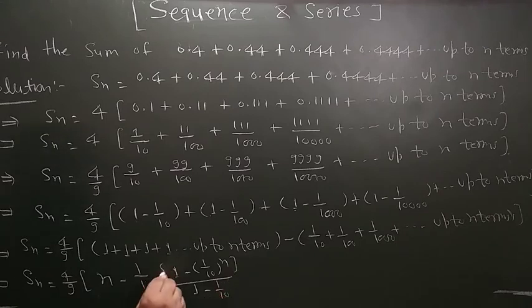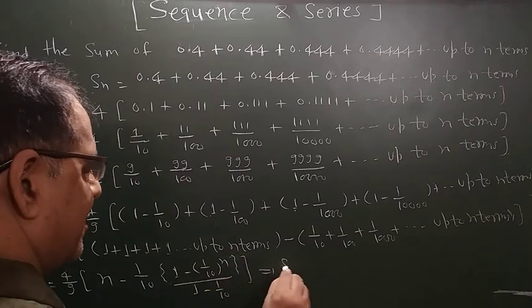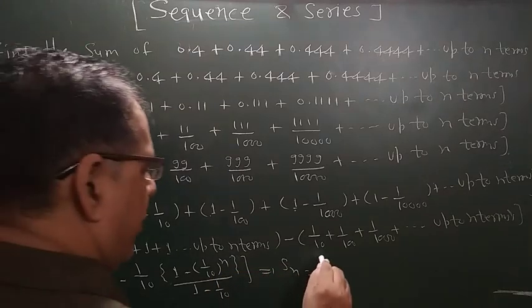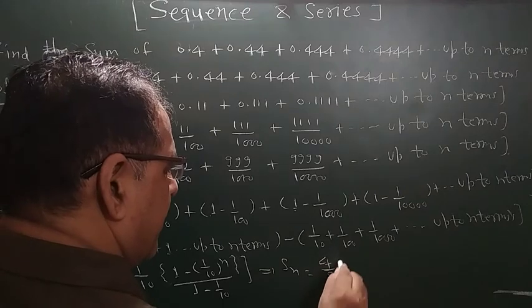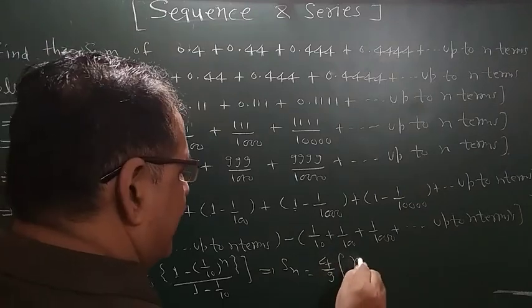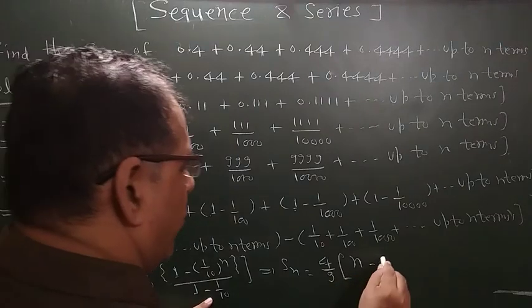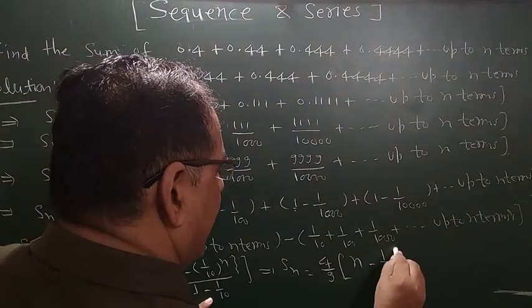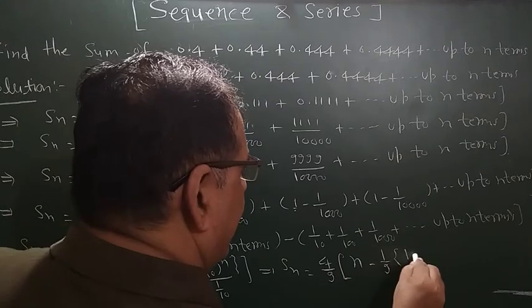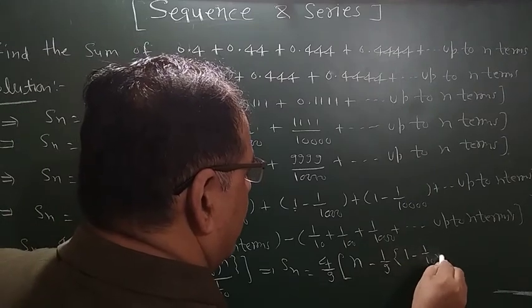Here apply the curly bracket. So now Sn equal to 4 upon 9 inside the bracket n, here 1 upon 10 and 9 upon 10 become only 1 upon 9, and inside the bracket 1 minus 1 upon 10 to the power n.